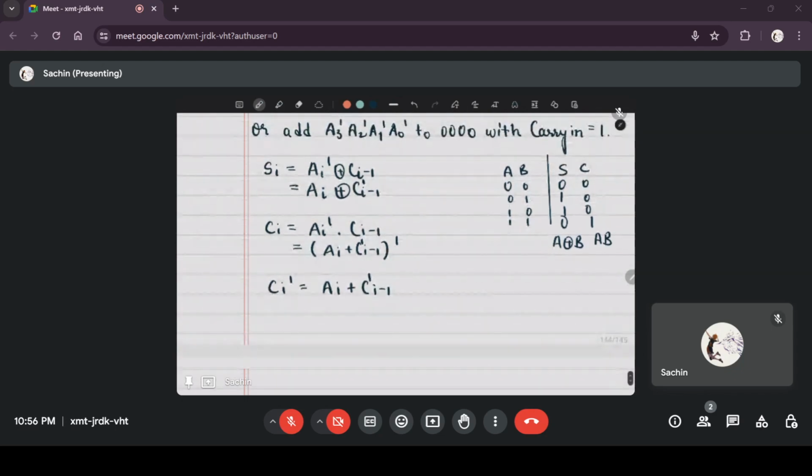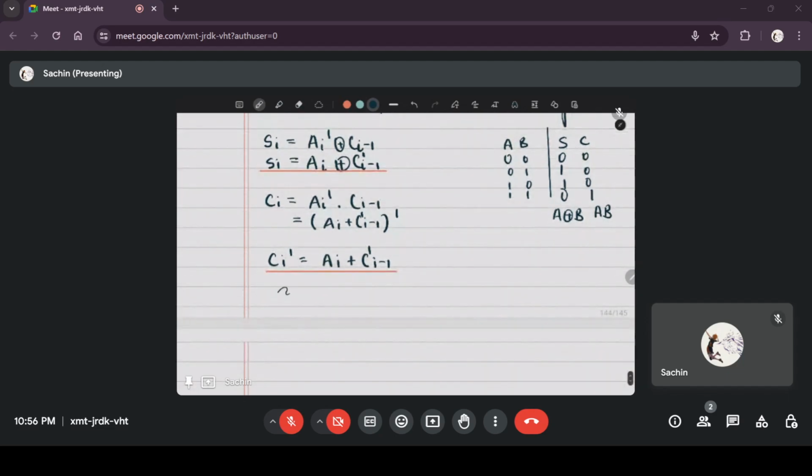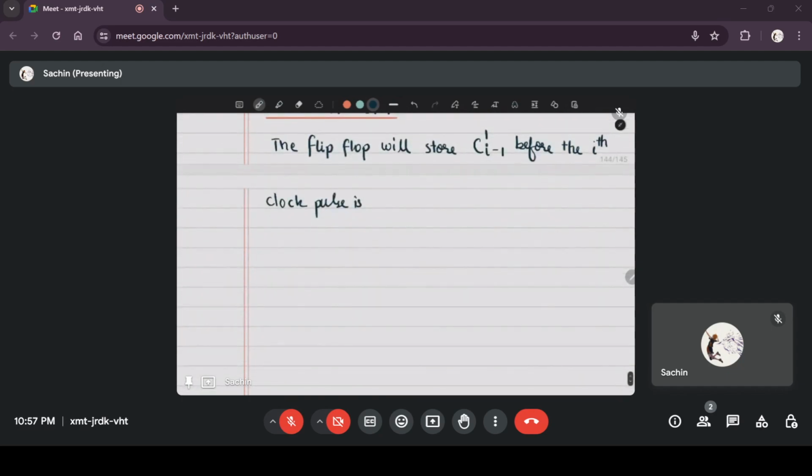Okay, we are using this and this. The flip-flop will store Ci minus 1 complement before the ith clock pulse is applied.